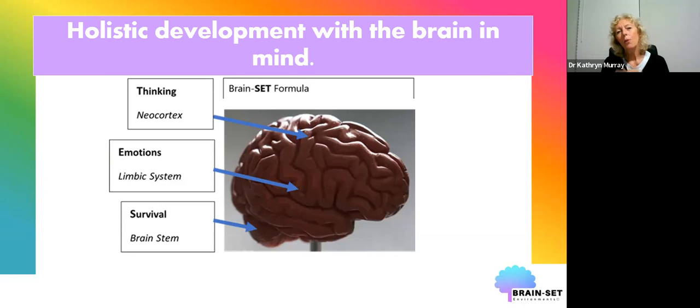So it's really important that we make sure that the brain is looked after before we can expect children to really learn and really understand what's happening and what's going on. So that's where the set comes into the brain set, the survival, emotions, and the thinking parts of the brain.